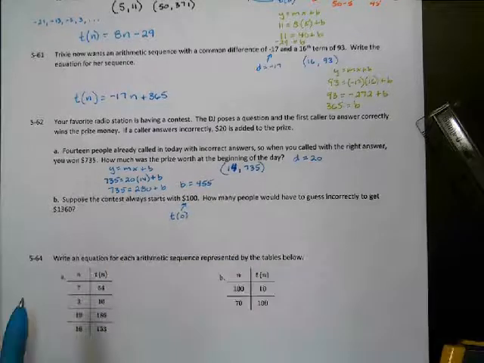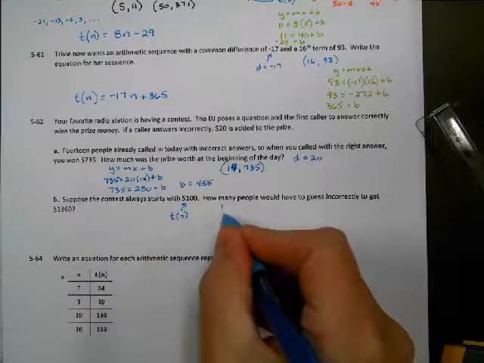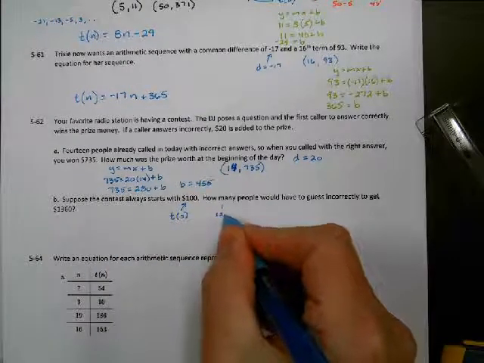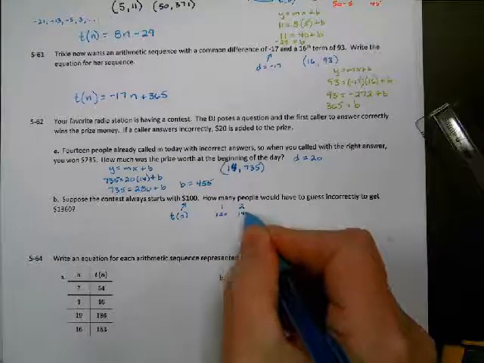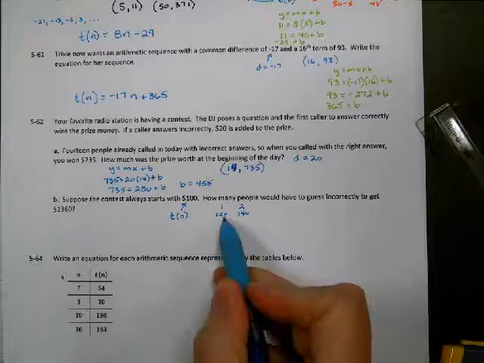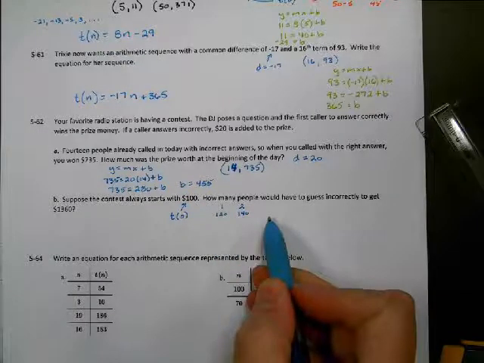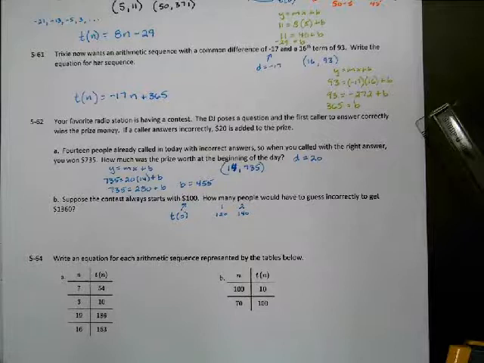Second caller gets it wrong, we're up to $140. So the sequence would start at 120, then 140, then 160, and so on and so forth from there. Okay, so we want to find out how many people would have to guess incorrectly, and that is this value up here. That's our n value.